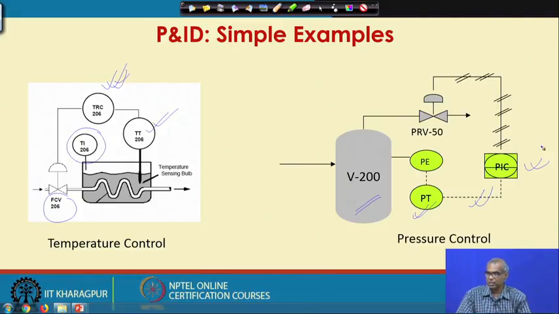Note, this is a part of a distributed control system, because there is a bounding box and also there is a horizontal continuous line. So, this is mounted in the control panel. This is the pneumatic signal line, which is received by PRV, pressure release valve.